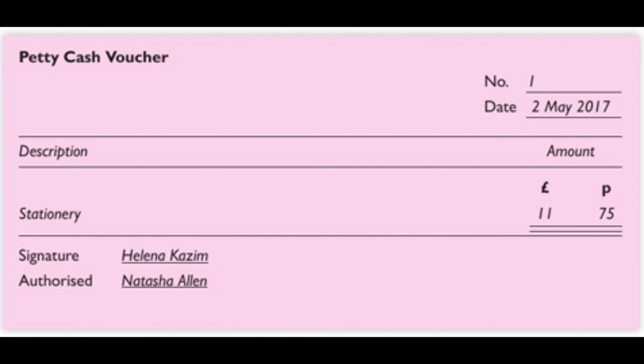It will also include the amount that has been spent, which should include VAT or taxes if applicable. It will also include a signature to confirm which staff member has spent on this particular expenditure, and a countersignature, which is the signature of the staff member's manager who has authorized the claim of the staff member who has spent the money.